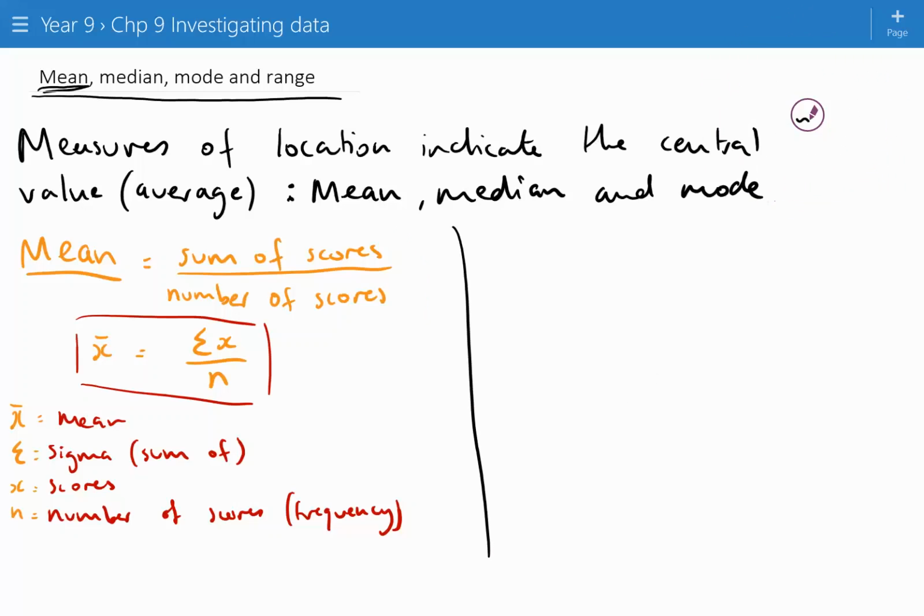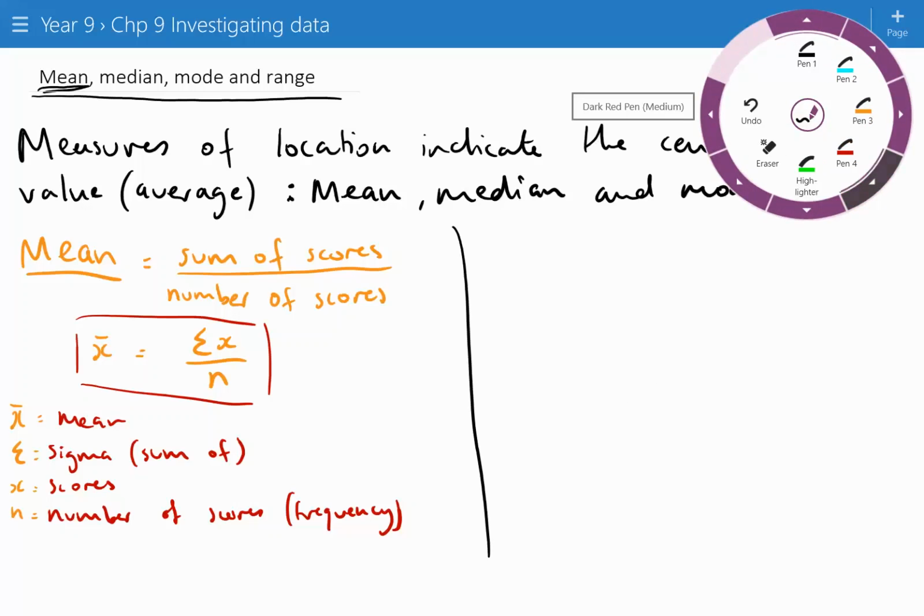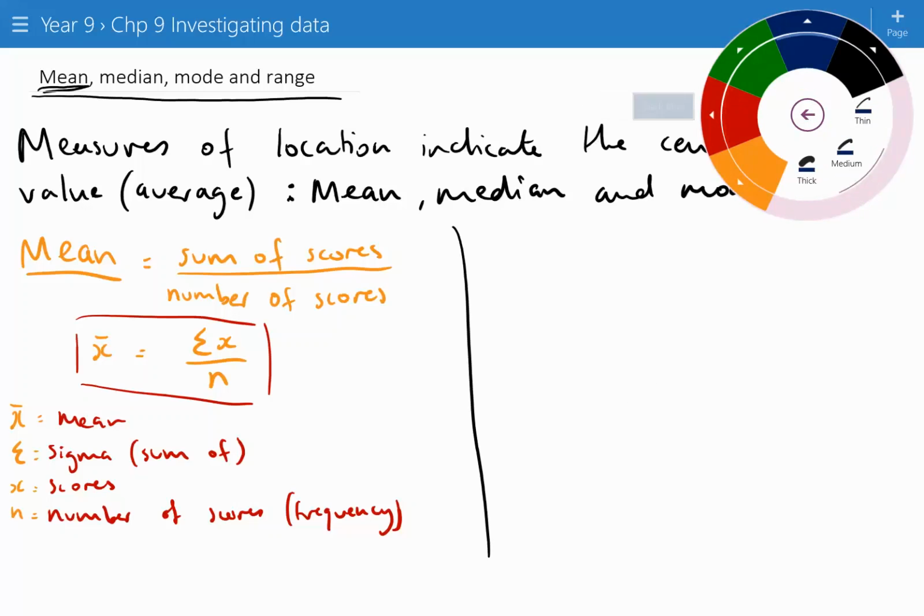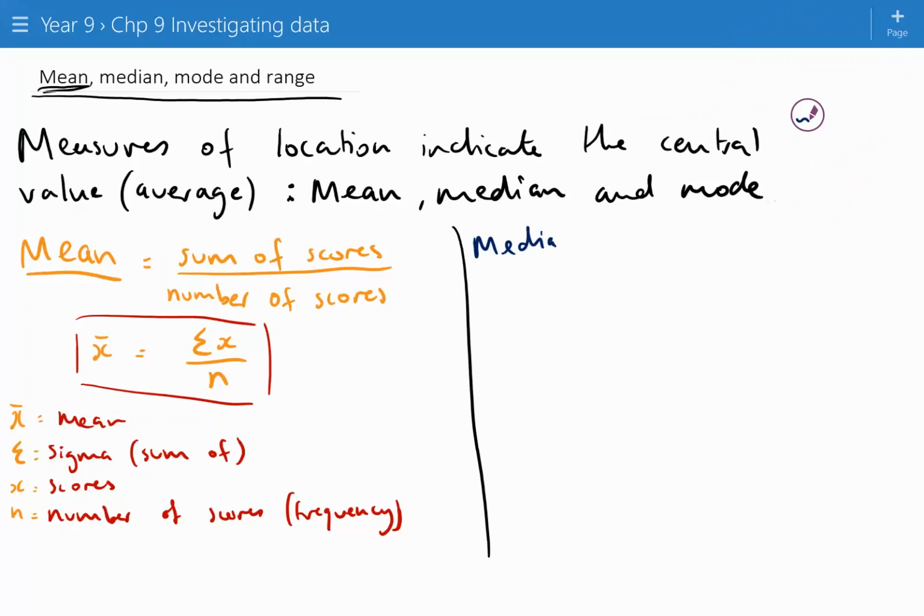Let's have a look now at the median. So the median is the middle score, the score right in the middle. This is where you cross the scores off, you go back and forth, back and forth, and you're left with a score in the middle. That is the median.